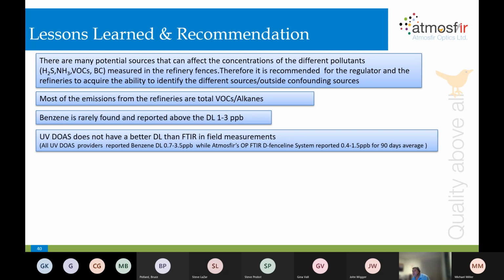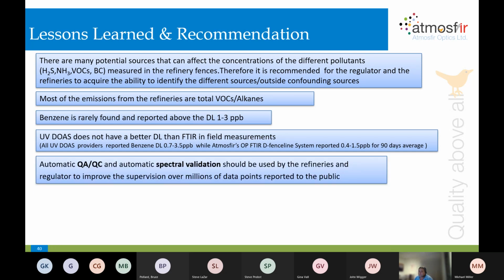At least if you take a good FTIR and a good algorithm, then you don't need a UV DOAS stand with a good detection limit. Automatic quality assurance, including spectral validation, should be used by refineries and the regulator to improve the supervision over 1 million data points, especially when we report the data to the public on a real-time basis.